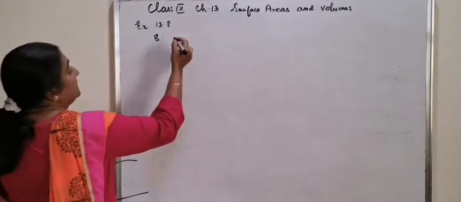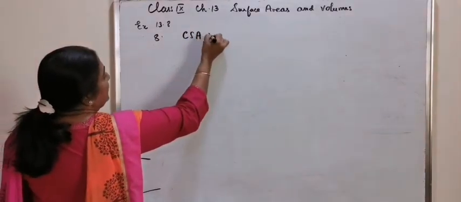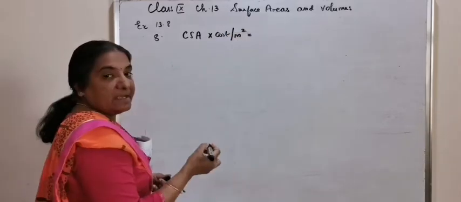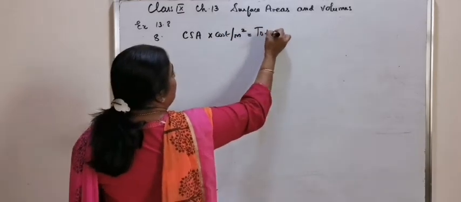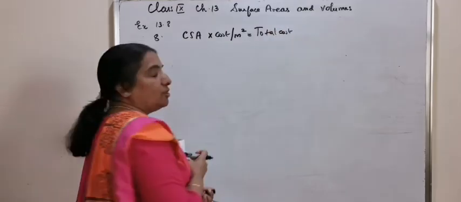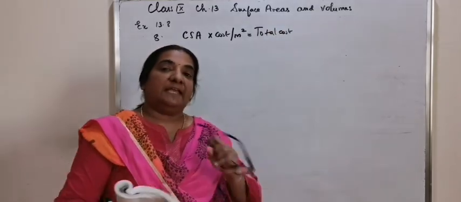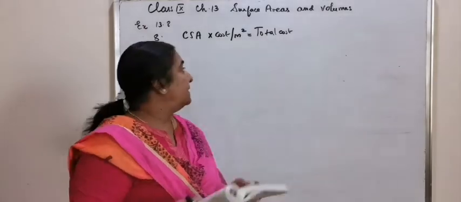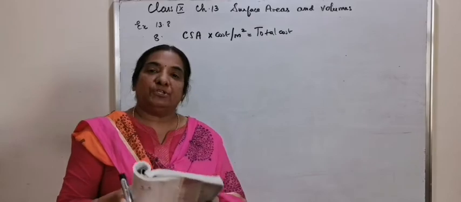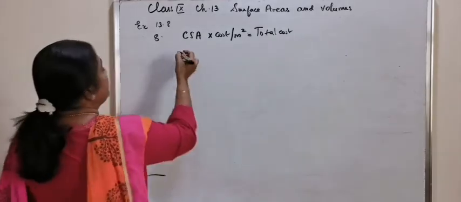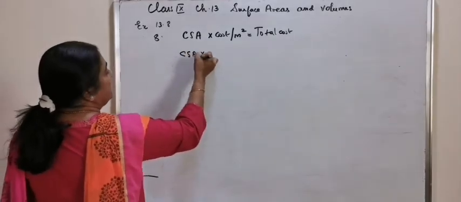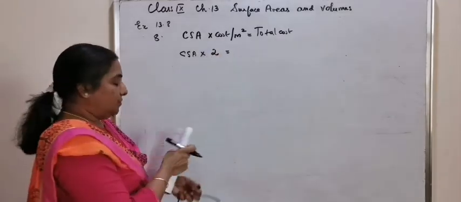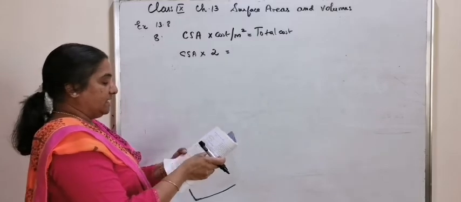The area to be painted multiplied by cost of painting per meter square gives you the total cost. That is the logic behind any question.